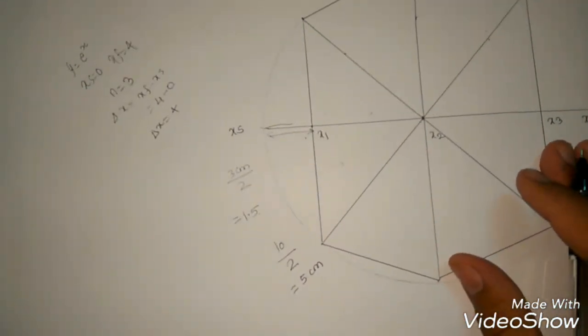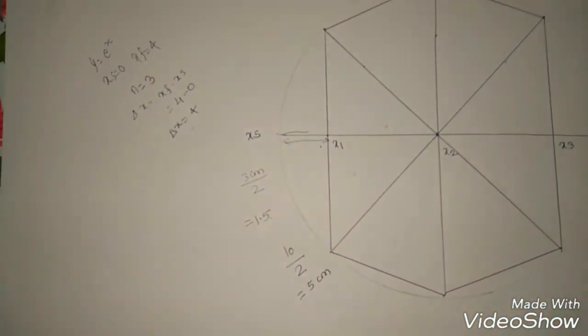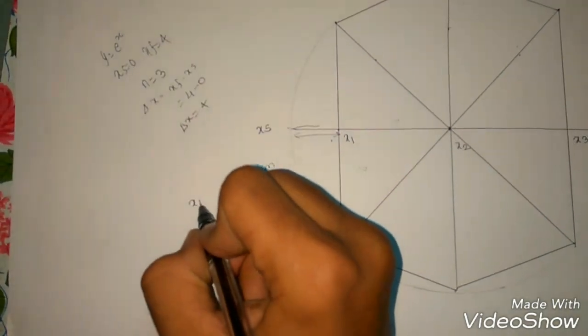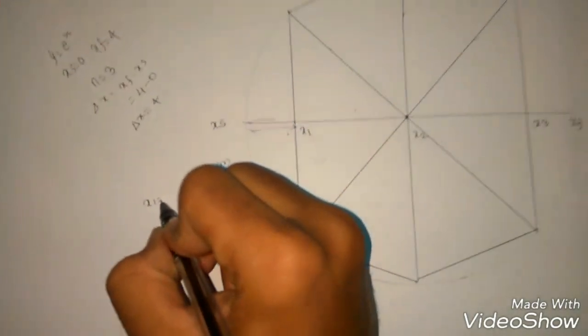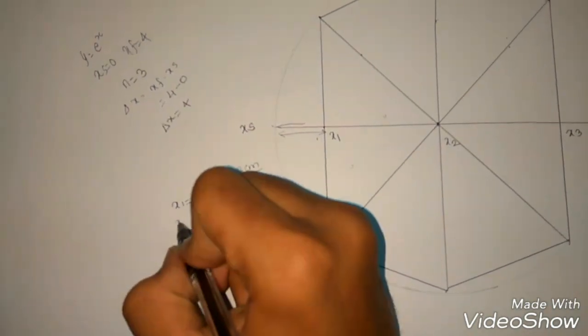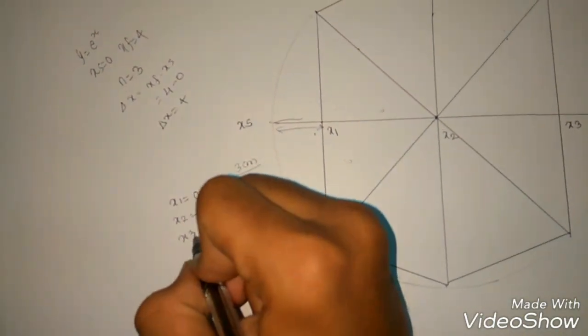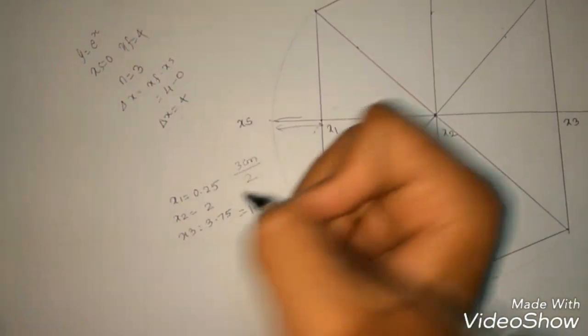When you get the above answers for x1, x2 and x3, the x1 answer which I was getting on a graph paper was 0.25, x2 will be 2 and x3 will be 3.75.